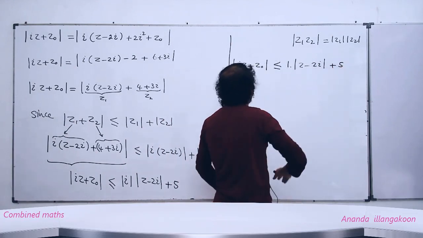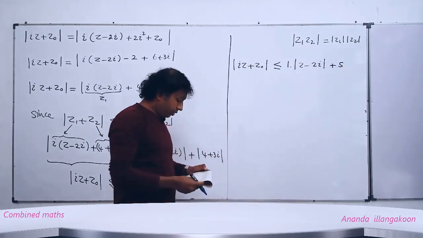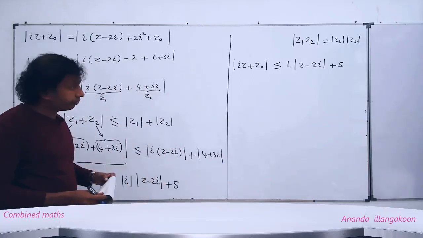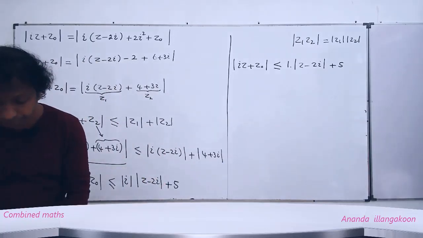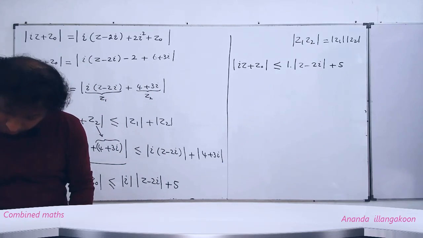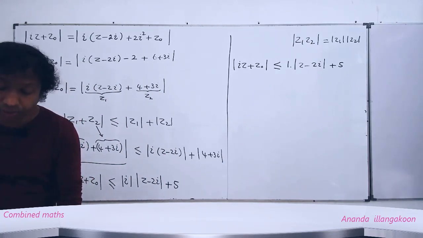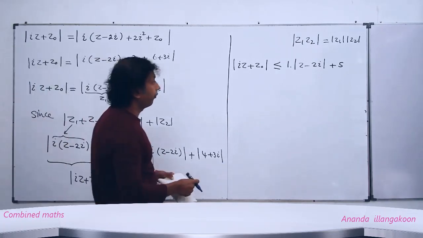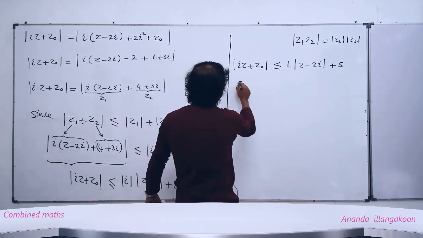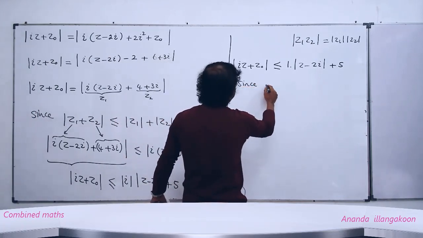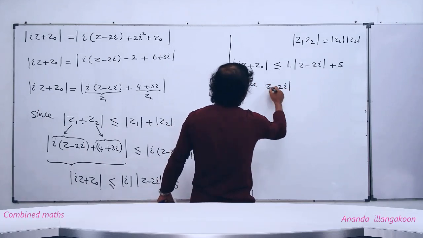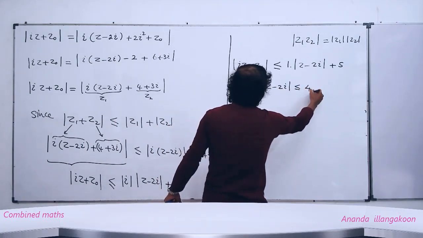Now, as before, z minus 2i, we are given that modulus of z minus 2i is less than or equal to 4.